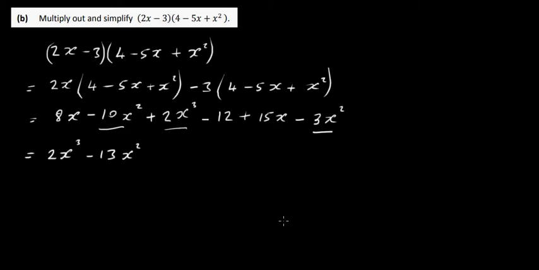X squareds we can add. Next ones then, well, we've got this x here and we've got this x here, so we can add those. So we have plus 8 plus 15, that's plus 23x, and then finally we just have this minus 12, and that's it. That's multiplied out and simplified. There's nothing else we can do with this.